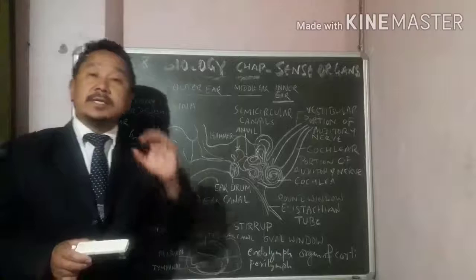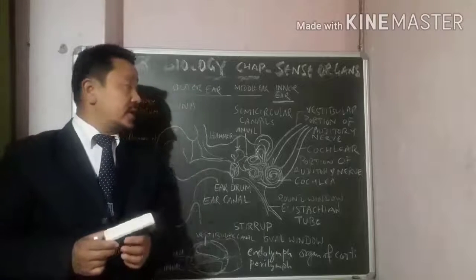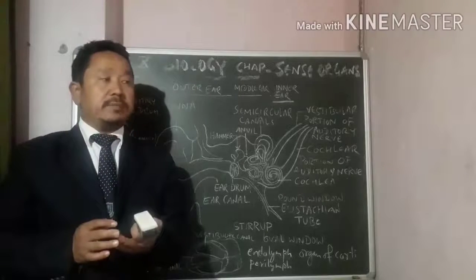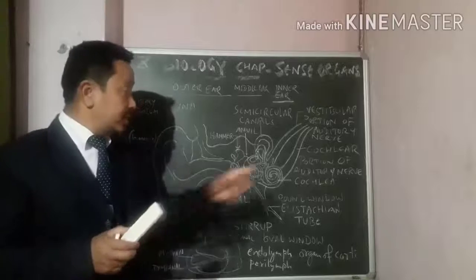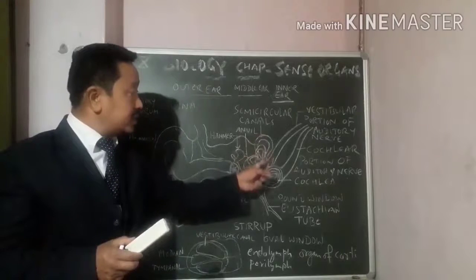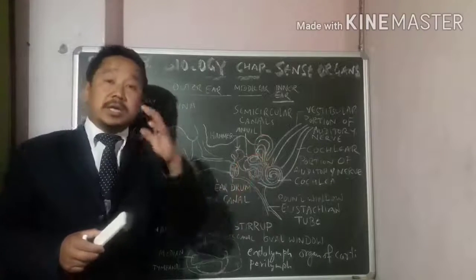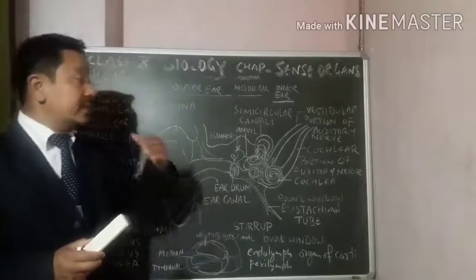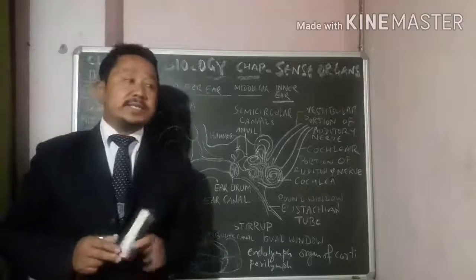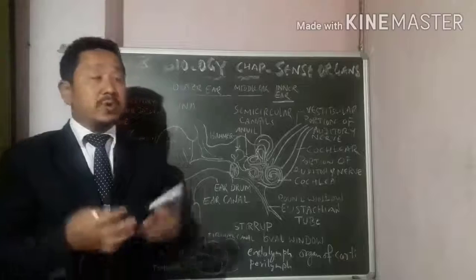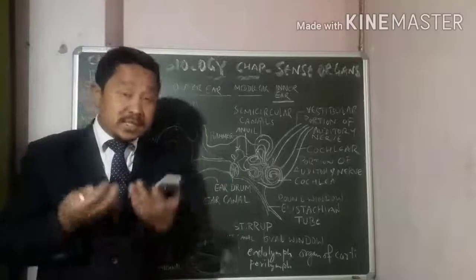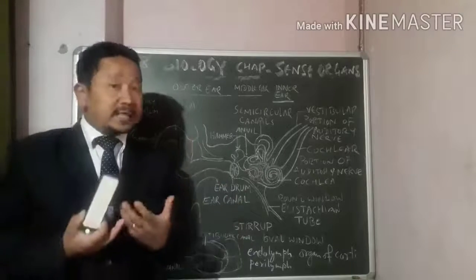Which contains the sensory cells for dynamic balance. So here the ampulla of these semicircular canals contains the sensory cells for maintaining the dynamic balance. Dynamic balance means when we move, when we do something, when our body is in motion, at that time also the balance has to be maintained.